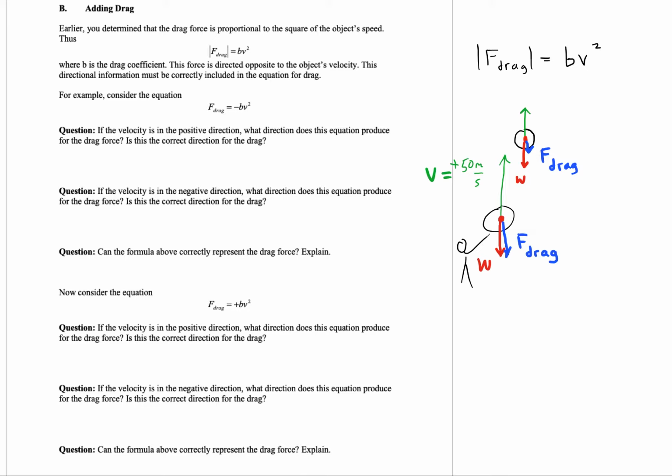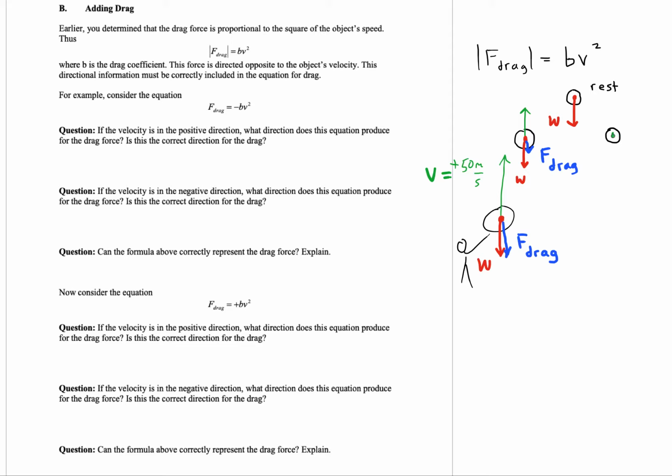And then, when you do get to the peak, you'll be at rest. And you'll still have your weight. Earth's not going to stop pulling on your object. But you won't have any velocity and you won't have any drag, because you're not moving. Then your particle is going to change direction.